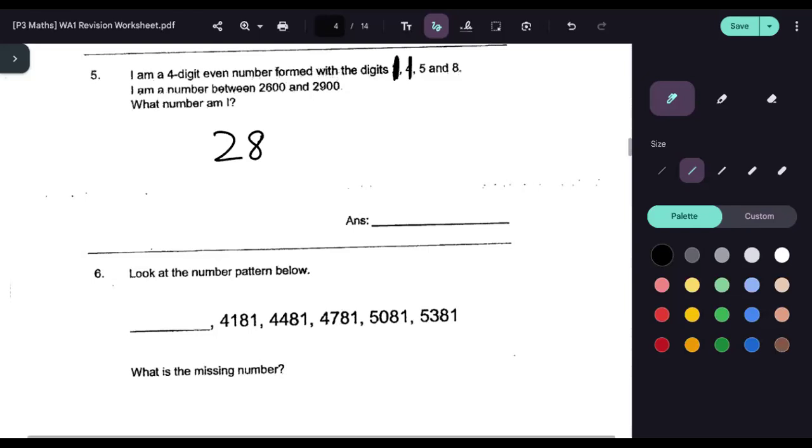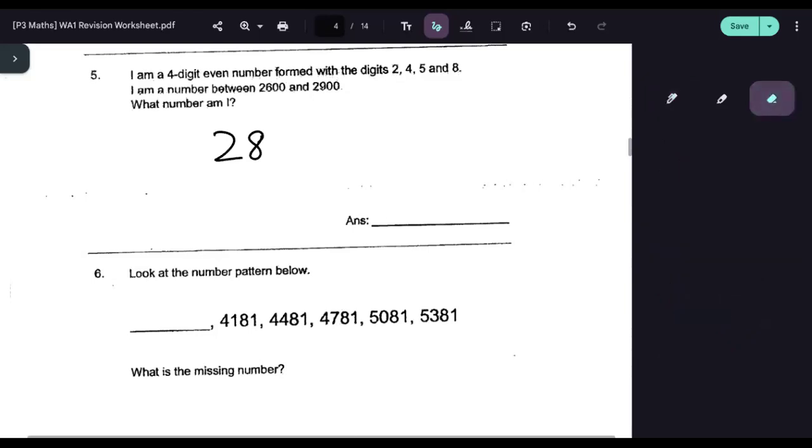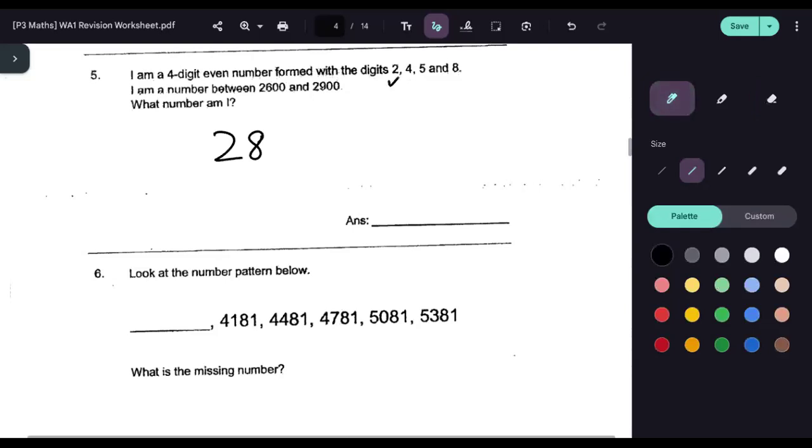Then fill in the remainders. You use 2, you use 8, and you want even, so it'll be 2, 8, 5, 4. That's it.